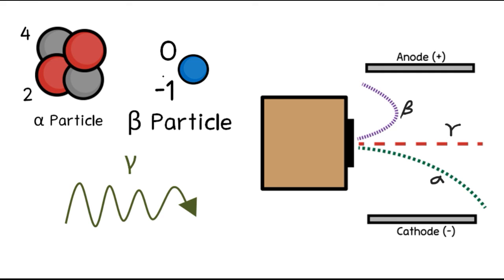It's much smaller, so it will be able to travel further, and you'd actually need a sheet of aluminium foil to stop it. And finally, this gamma ray actually will not be stopped by much. It can travel miles in air, and you'll actually need a couple of meters or a couple of feet of lead to stop this.